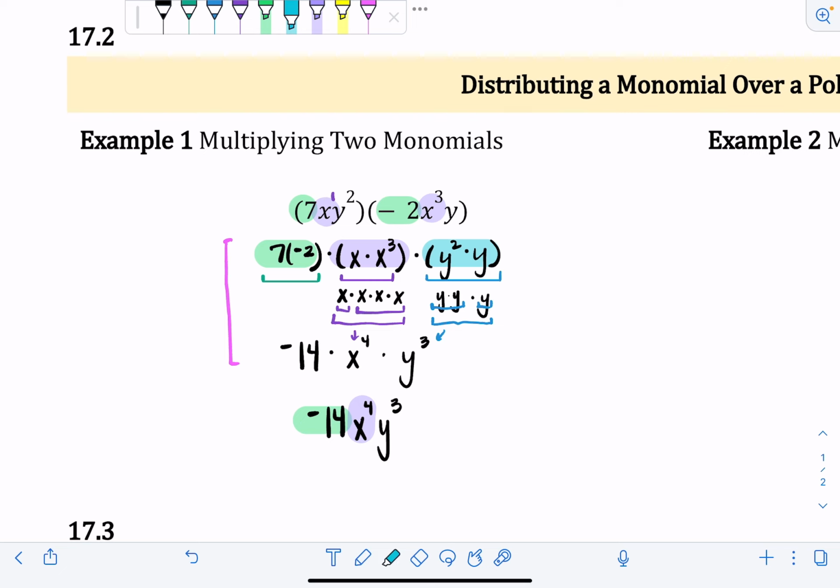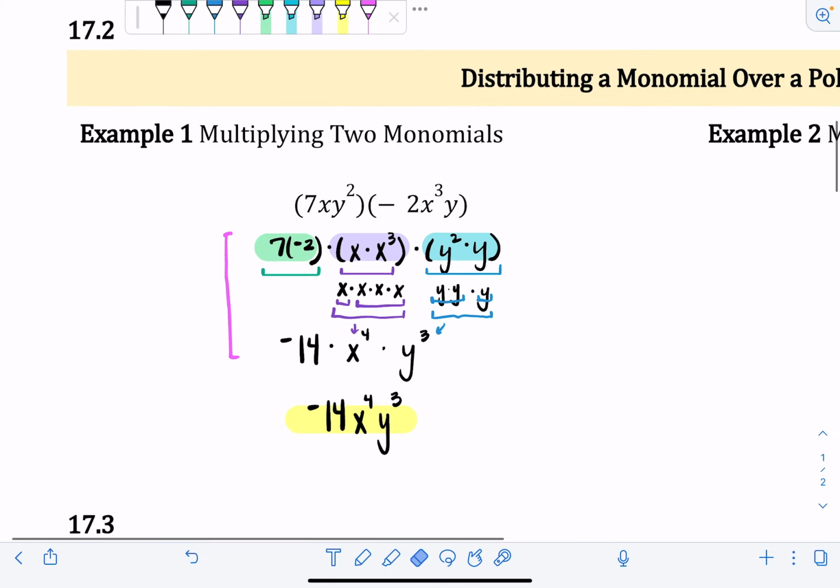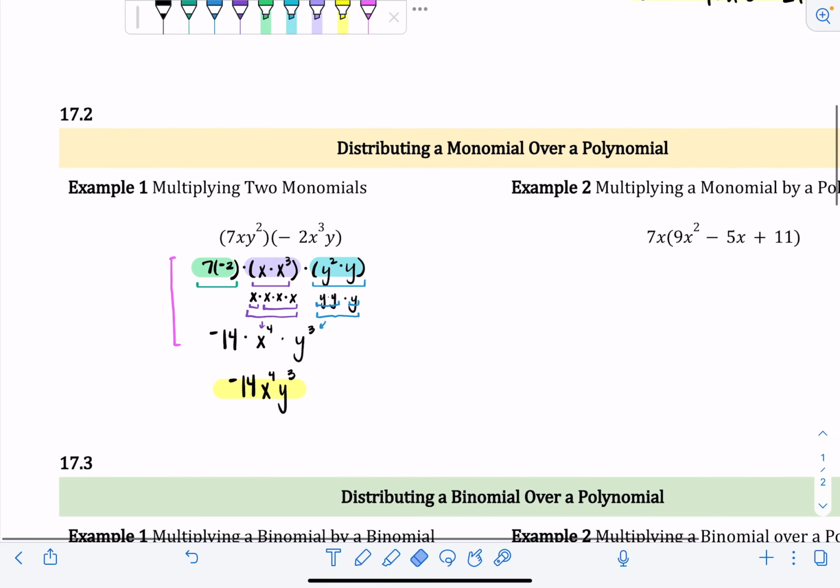And for the y's, y squared times one more y would get me to y to the third power. Whatever you need to do to get to your correct answer, that's all I really care about. So negative 14x to the fourth times y, and then we'll move on to example 2.